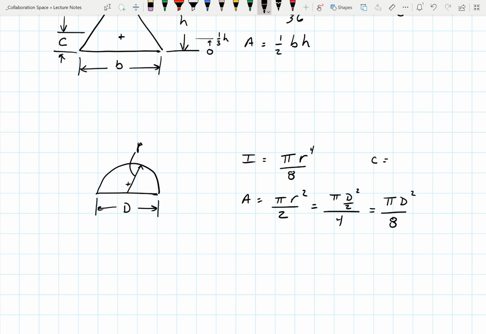Wait, for the I, is it divided by 8? Yep. So what was it if it's D? What's it if it's pi D to the 4th divided by something?